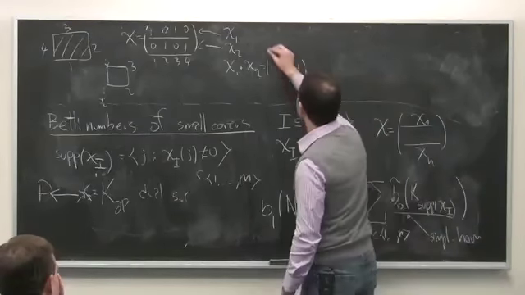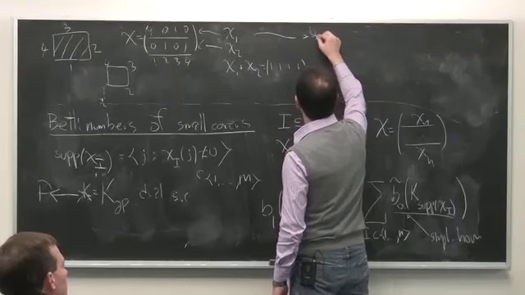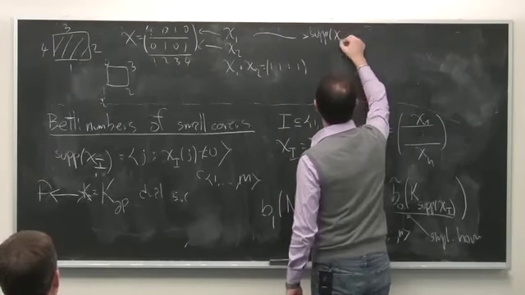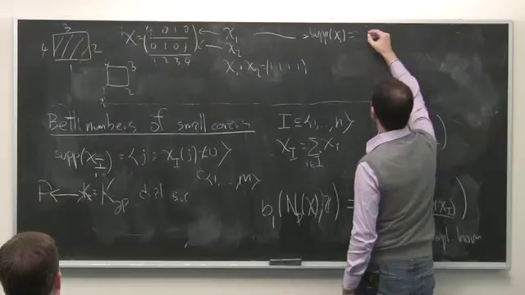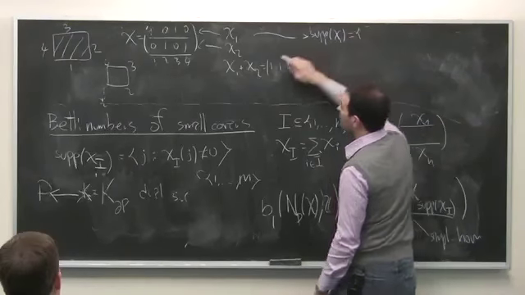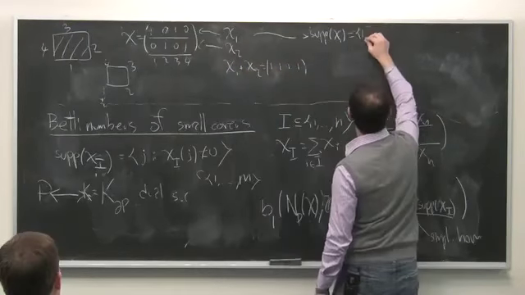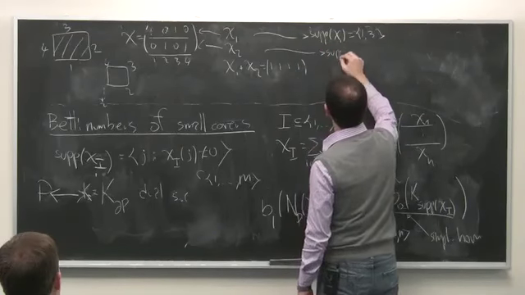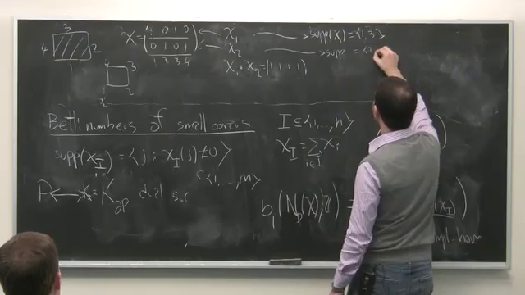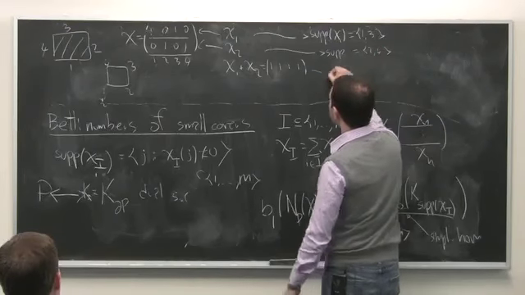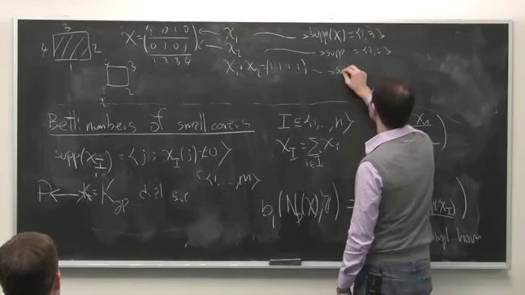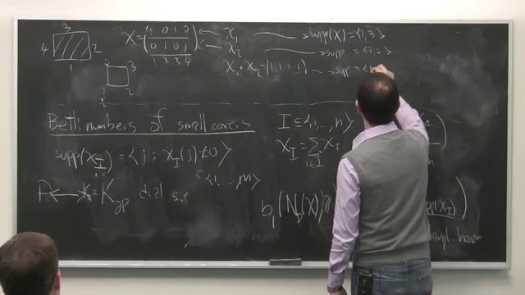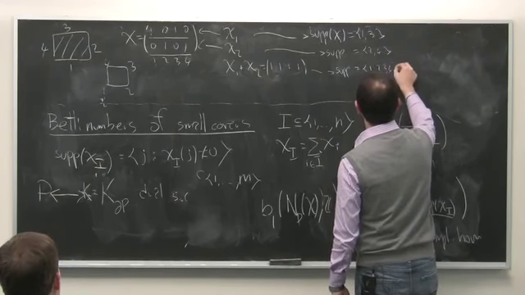So the support of chi1 here is 1 and 3. The support here is 2, 4. And here every coordinate is different from 0, so the support is 1, 2, 3, 4.